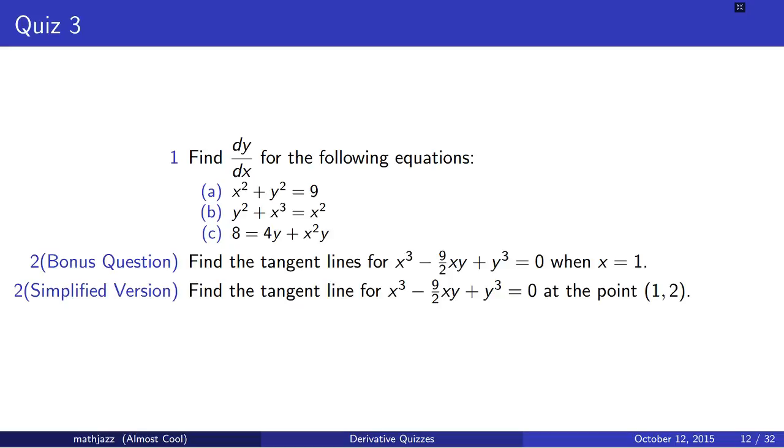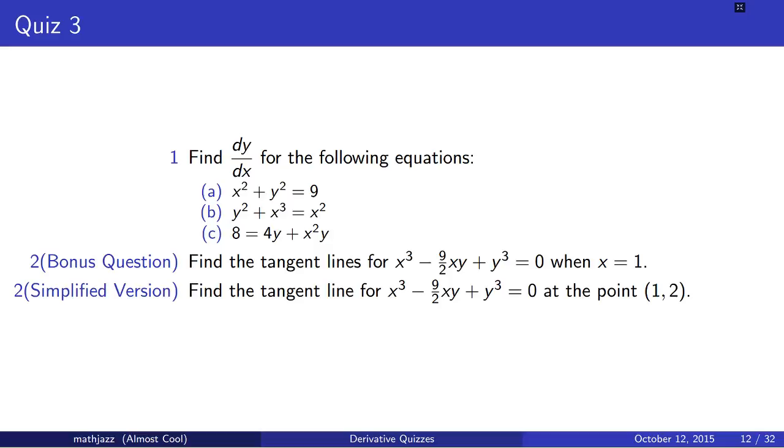Find the tangent line for the equation x cubed minus 9/2 xy plus y cubed equals 0 at the point (1, 2). It turns out that this equation intersects the line x equals 1 three times. So the simplified version only looks for the tangent line at one of those 3 points instead of all 3 of them, and it gives you the y coordinate for the particular point that you're looking for.